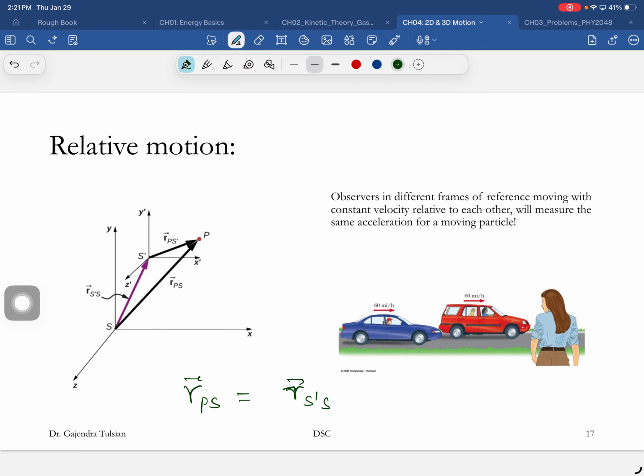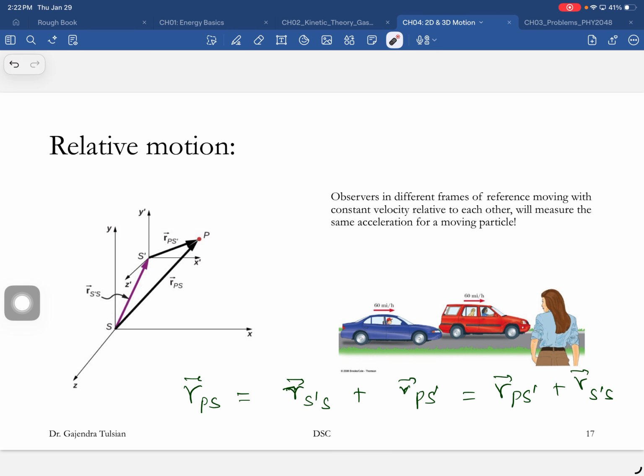The velocity of the ground with respect to the car is opposite to the velocity of the car with respect to the ground. So negative of that. And there's the velocity of the rain with respect to the car.